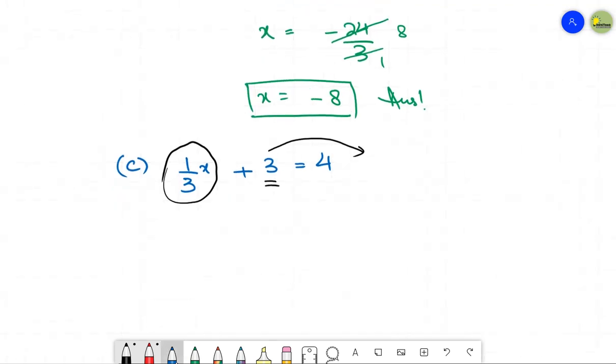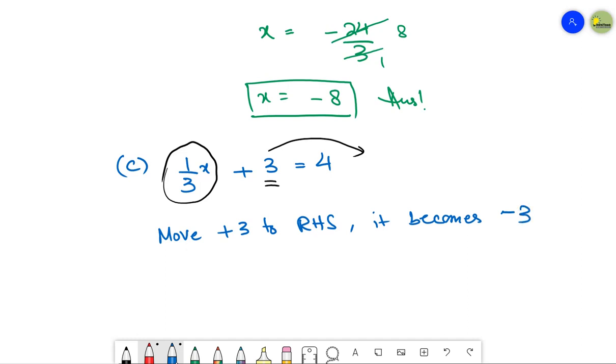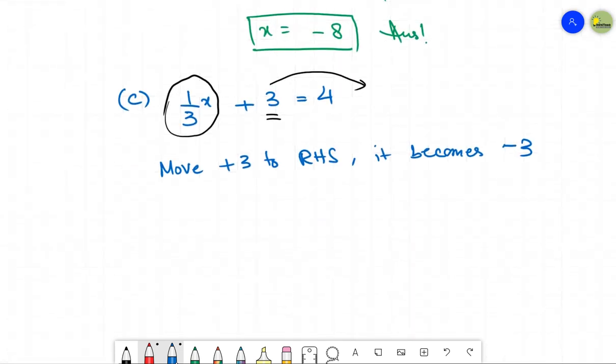So in step number 1, move plus 3 to the right hand side. It becomes minus 3. According to the rule that we studied in question number 1, whenever a term is shifted to the other side, its sign changes. If it is plus, it will become minus.